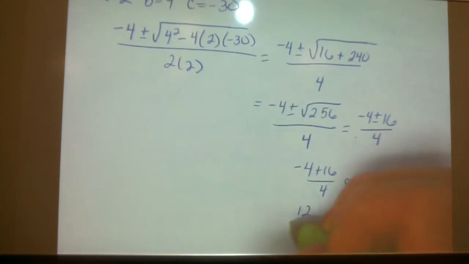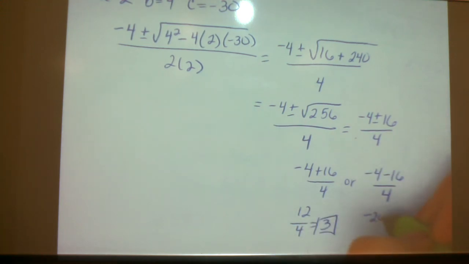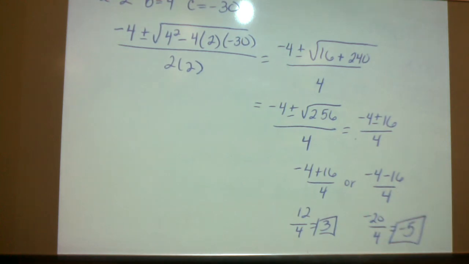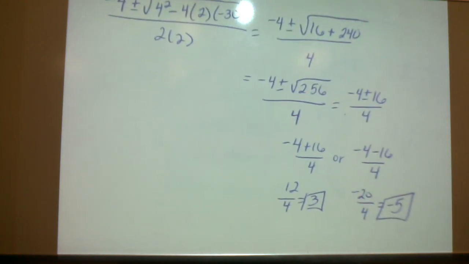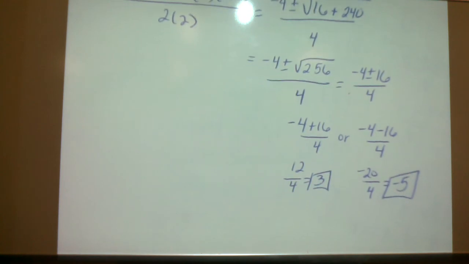So this is giving me 12 over 4, which gives us 3, and negative 20 over 4, which gives us negative 5. So my solution is 3 and negative 5. I think I'm going to do one more. If I were to graph this problem, it would cross the x-axis at 3 and negative 5.